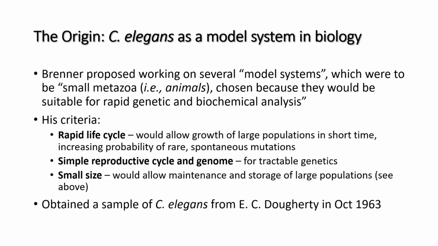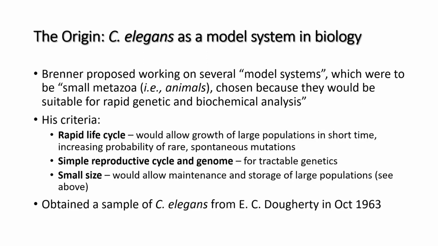So they had to have a simple reproductive cycle and not a ridiculously large genome, and small size. And those of you who did look at the worms, they're small. A whopping big hermaphrodite is about 1 millimeter long. You can barely see them with the naked eye, but you can.